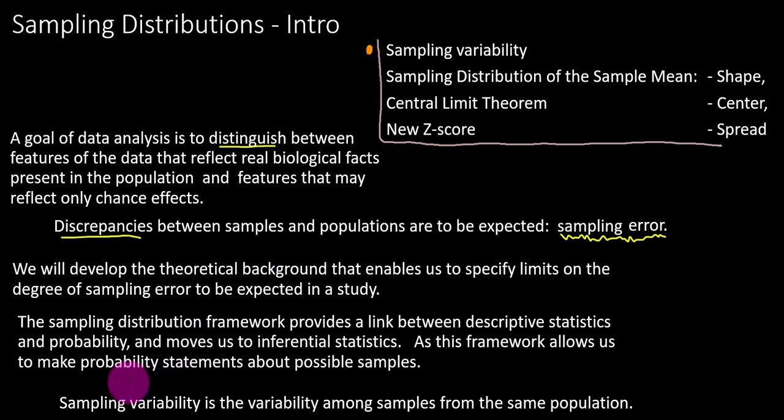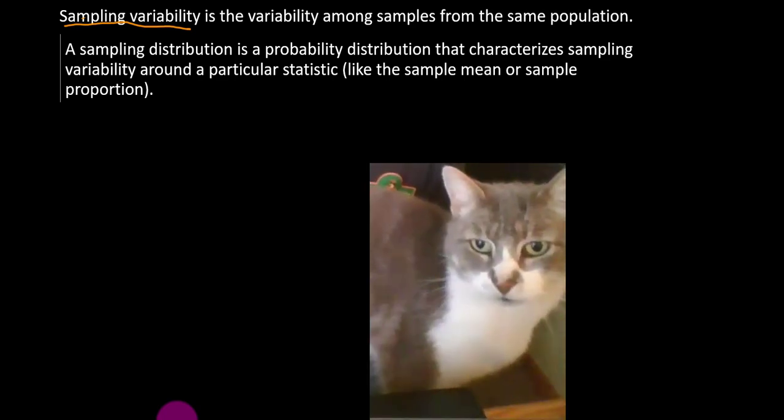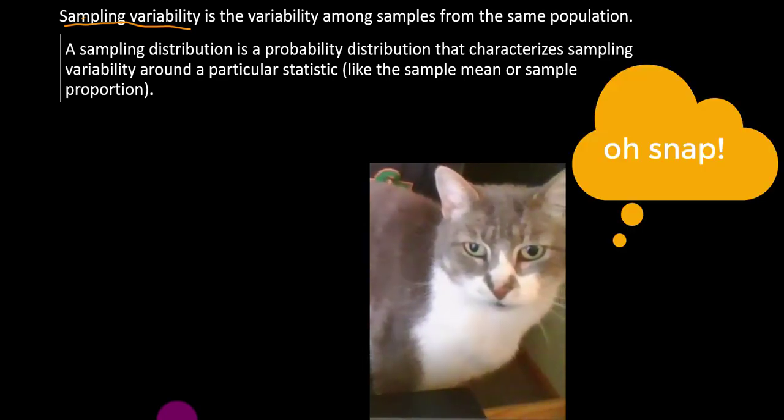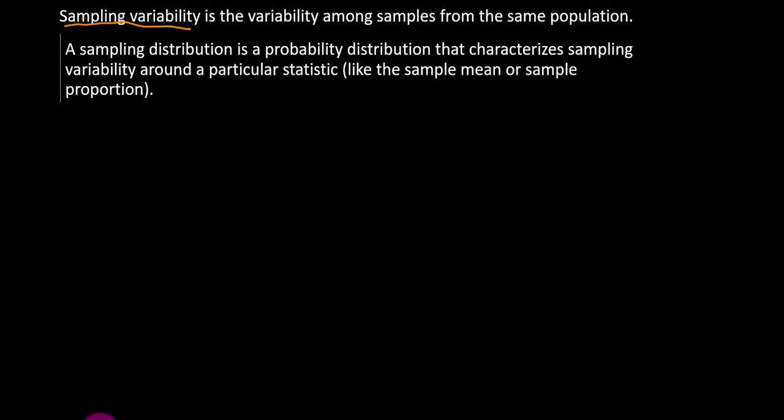Now let's discuss sampling variability. Sampling variability is variation across samples, even though they came from the same population. And so we know this exists. Sample to sample are going to be different.